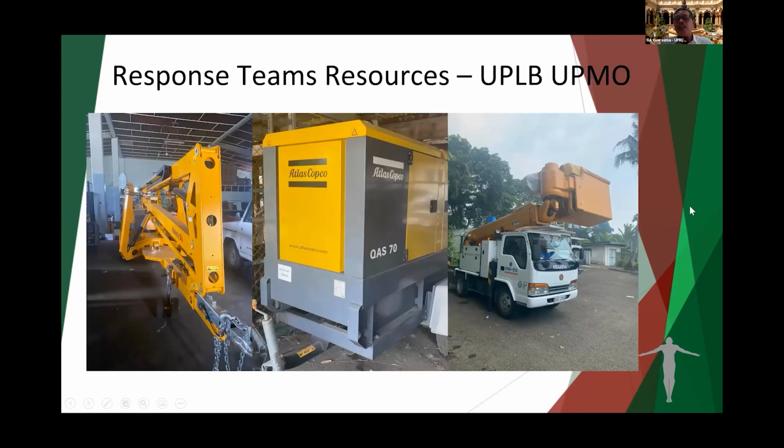Stationed at the UPMO, University Planning and Maintenance Office, is this equipment: 2 man lifts, this is a cherry picker, and we have several standby generators. We have several units of standby generators.